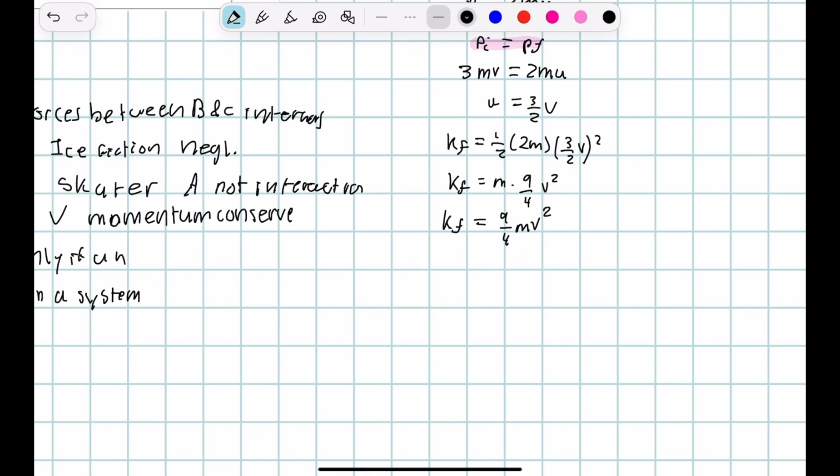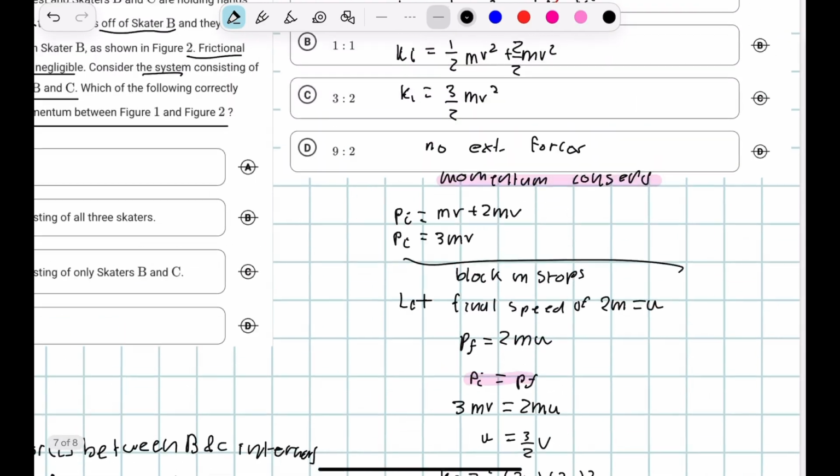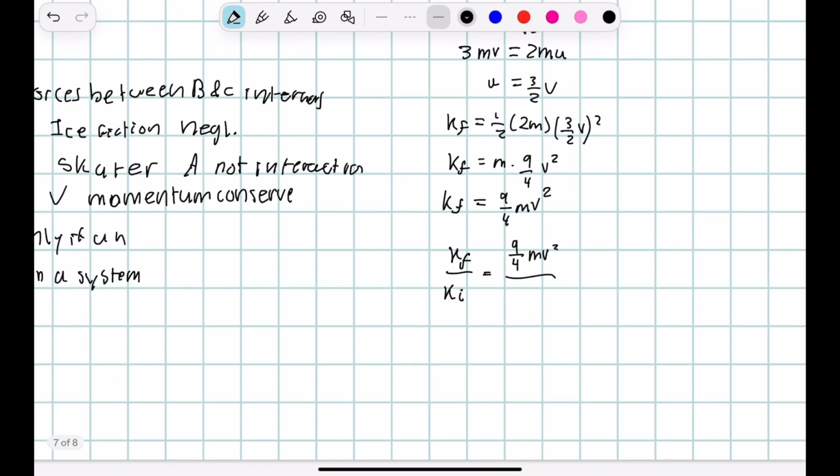So now we want to find the ratio between these two, kf over k initial. That's going to be 9 over 4 mv squared, and our k initial was 3 over 2 mv squared. Those cancel.